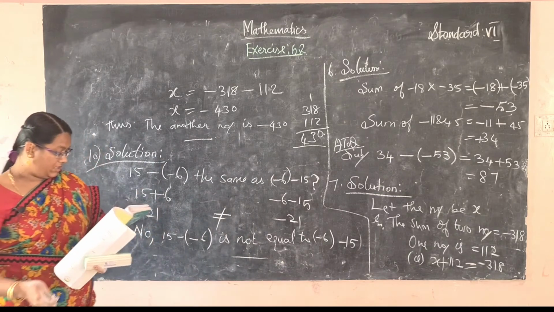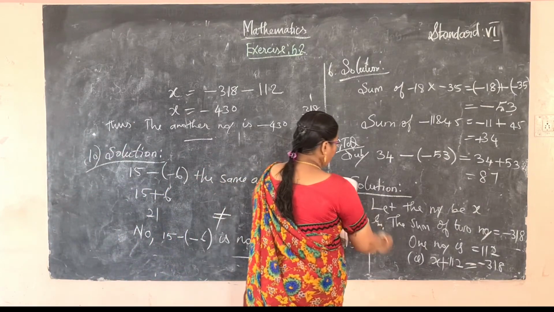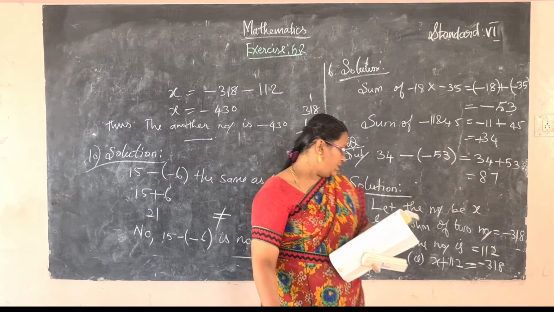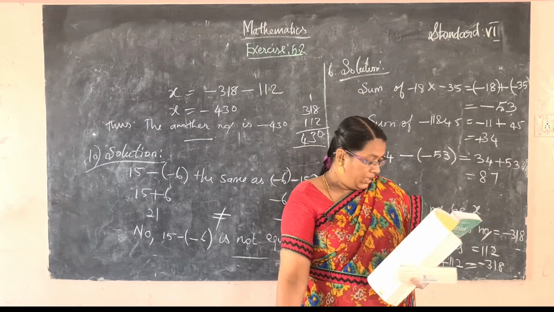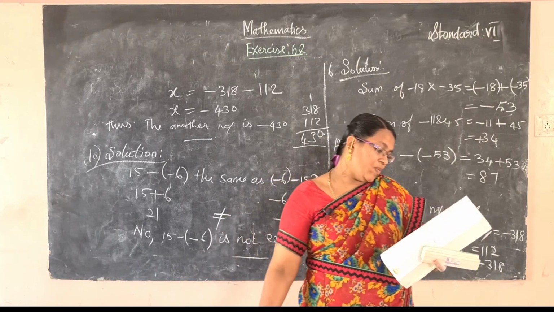Okay, that's it. And 11th one is homework. The same method. 7th one was given sum; here the product is given. Product means multiplication. Okay, 11th problem also homework.